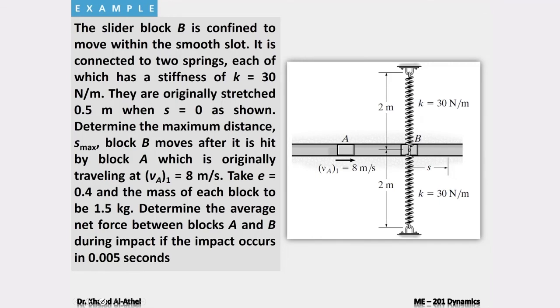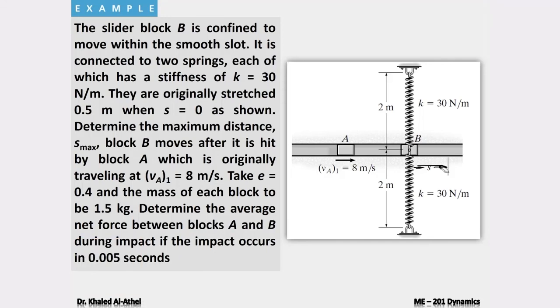Now, the slider block B is confined to move within the smooth slot. So it's moving horizontally, smooth, there is no friction. It is connected to two springs, each of which has a stiffness of 30 Newton per meter. They are originally stretched 0.5 meters when s equals 0. s, as you can see in the figure, is going to be the horizontal displacement, the horizontal movement.